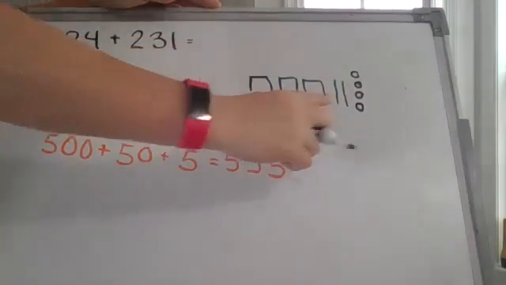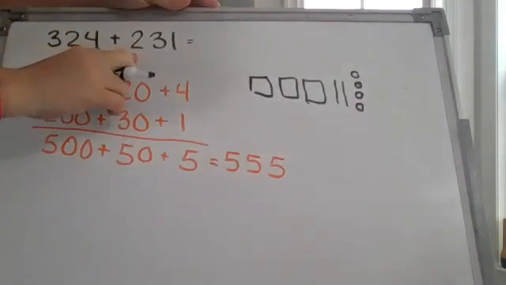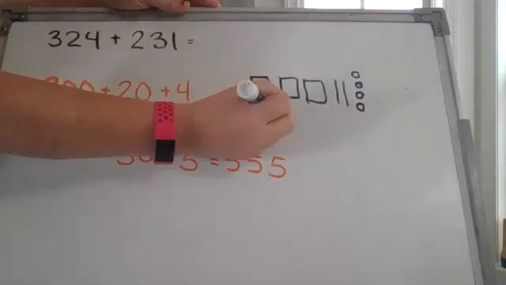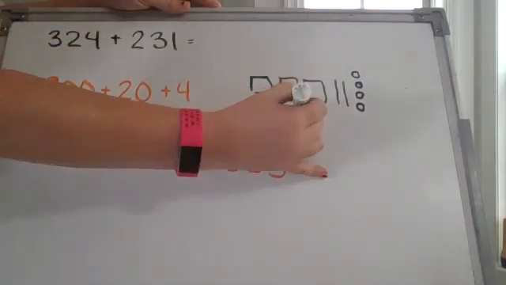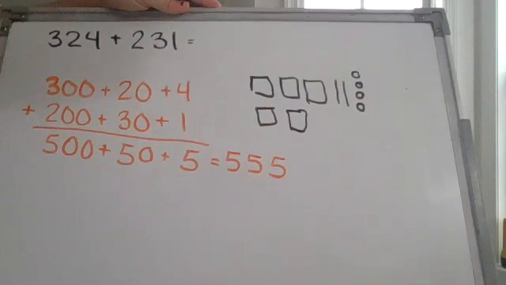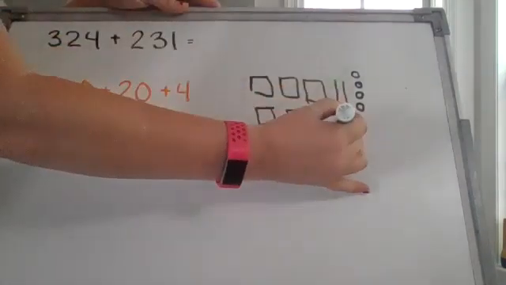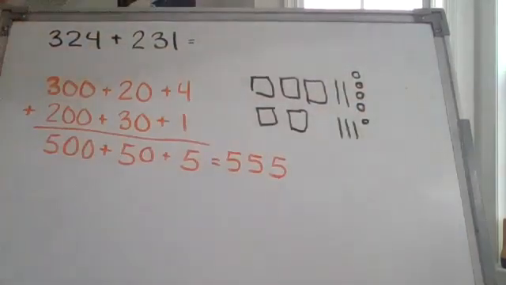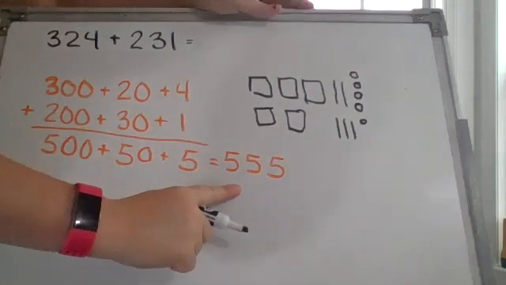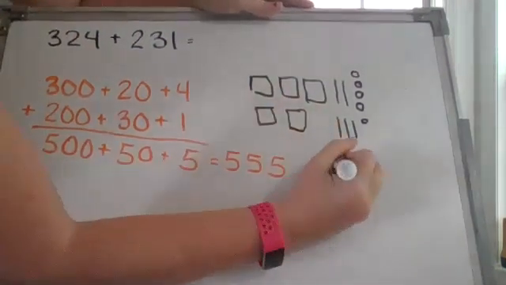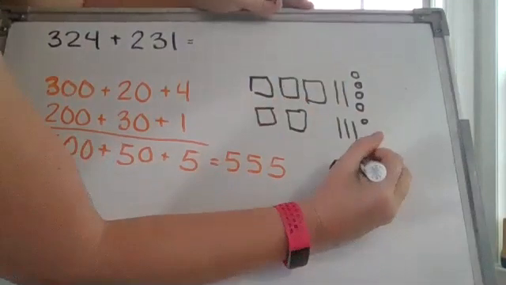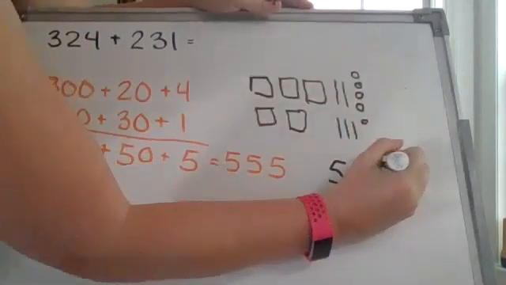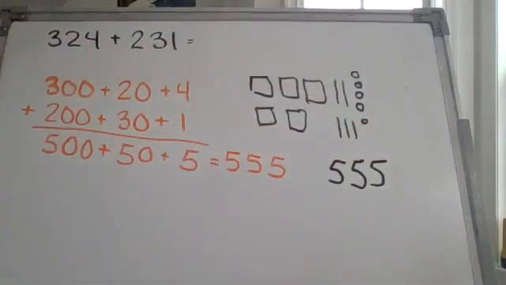Okay, 324. 231: 200s, 100, 200, 3 tens, 1, 2, 30, and 1 one. And if I add all those up, my friends, you should still get 555. Let's see. Hundreds, I have 5. Tens, I have 5. Ones, I have 5. So I got the same answer, 555.